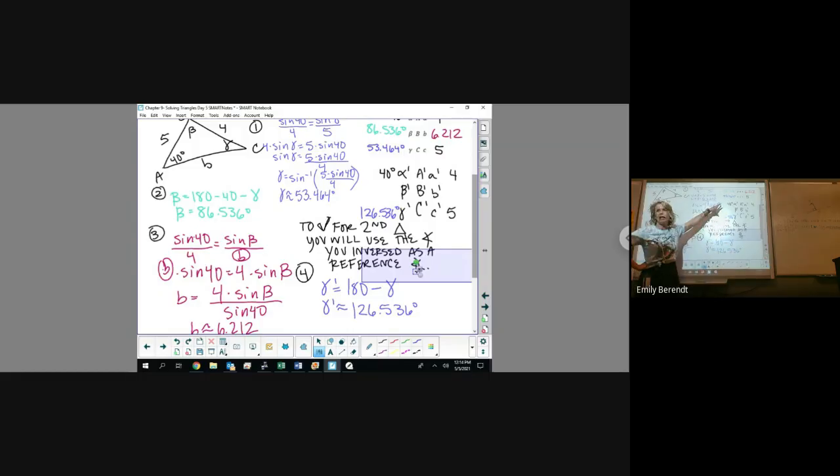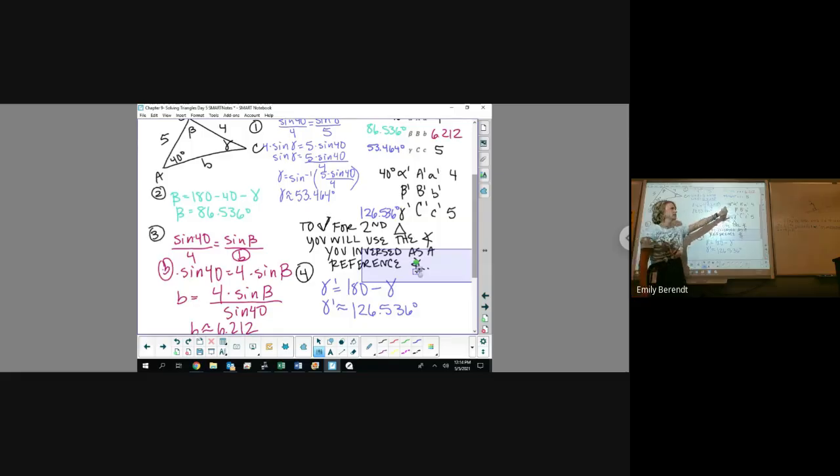So if the 2 angles in your chart, the one that you just found by subtracting from 180 and the original one that's given, if they total to be less than 180, you have room for a third angle. If the 2 angles in the chart are already over 180, then you don't have room for a third angle, and then you can't have a second triangle.